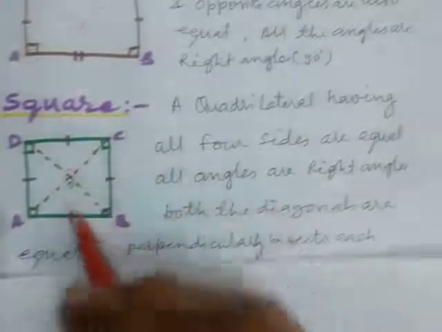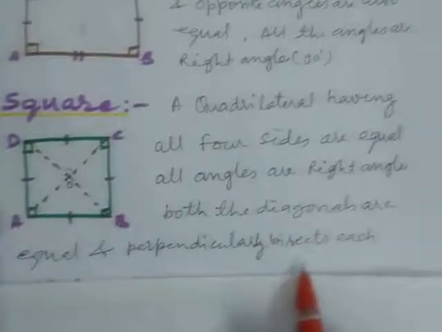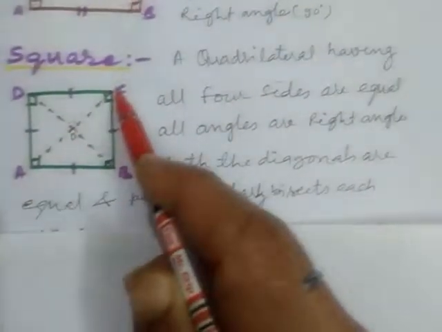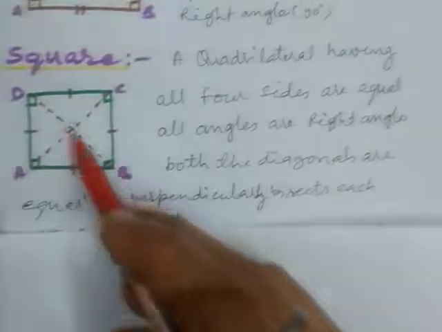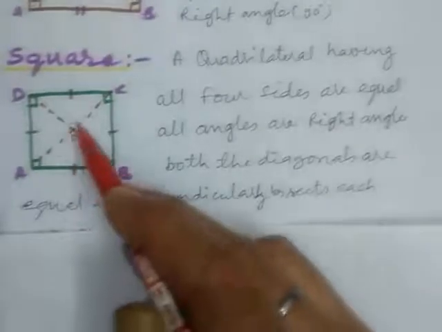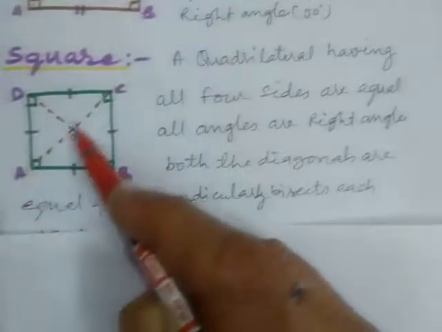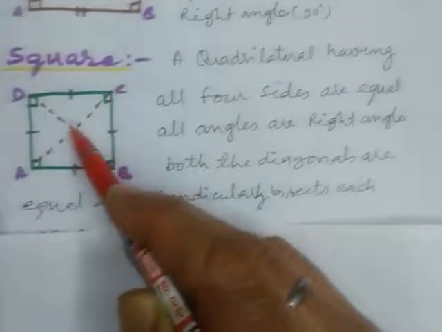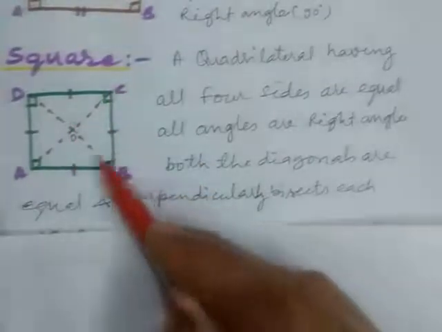This is the right angle. This diagonal bisects the other diagonal perpendicularly, that is, diagonal AC makes a 90 degree angle with BD.